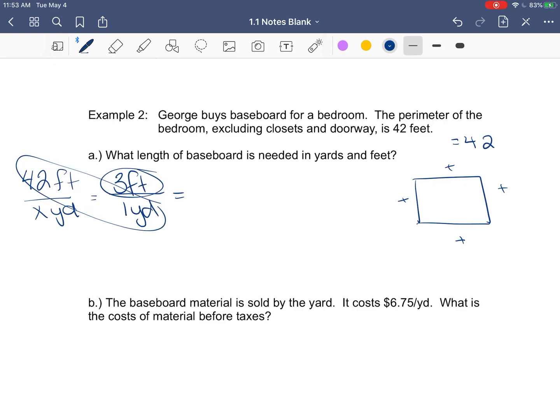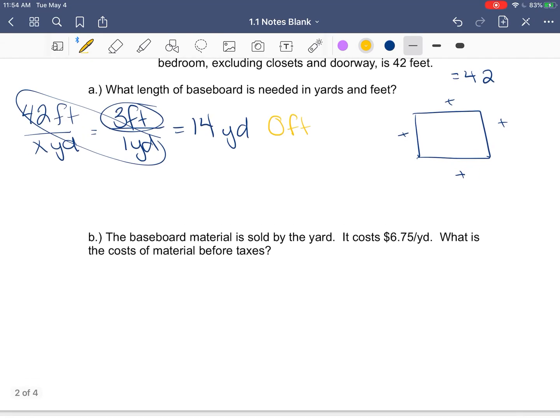We get 42 divided by 3, which is 14 yards. Because that went in completely, it would be 14 yards, and there is 0 feet left over.